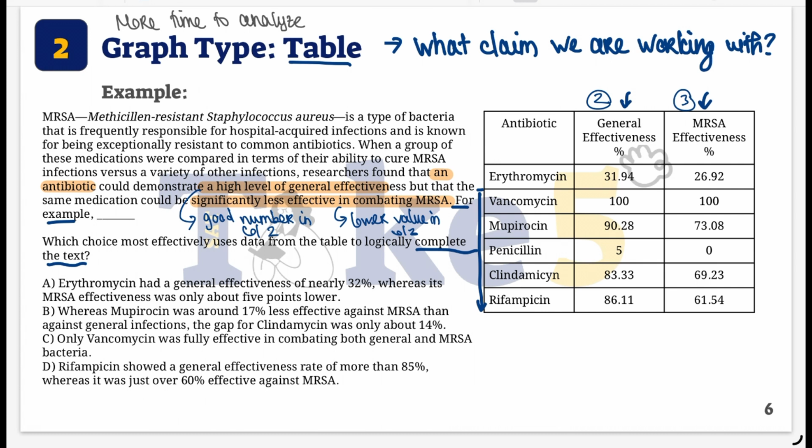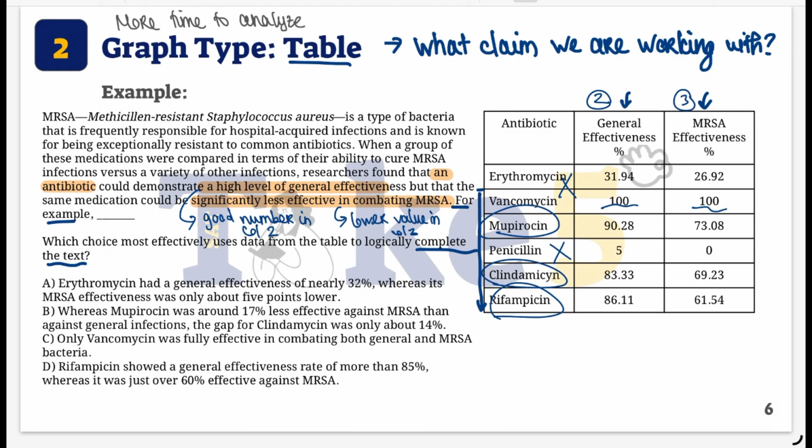This discrepancy is shown in all lines except for type V, since it's 100% effective on both metrics. But we want antibiotics that are effective generally, so it's safe to say type E and type P are not. We are down to just types M, C, and R.